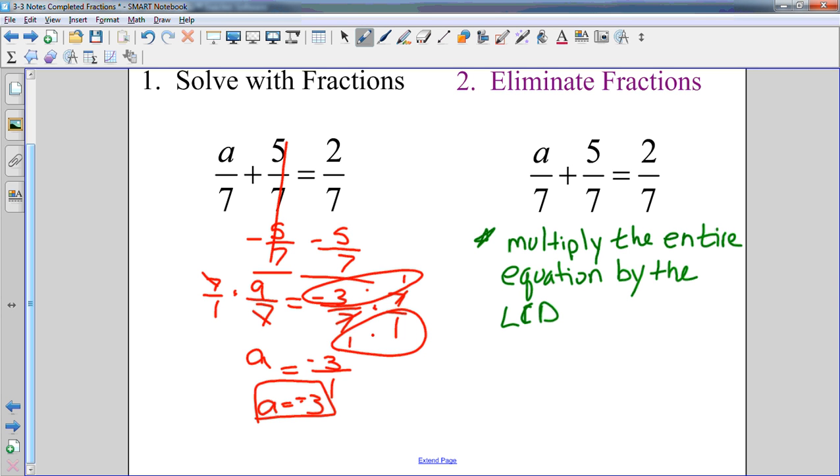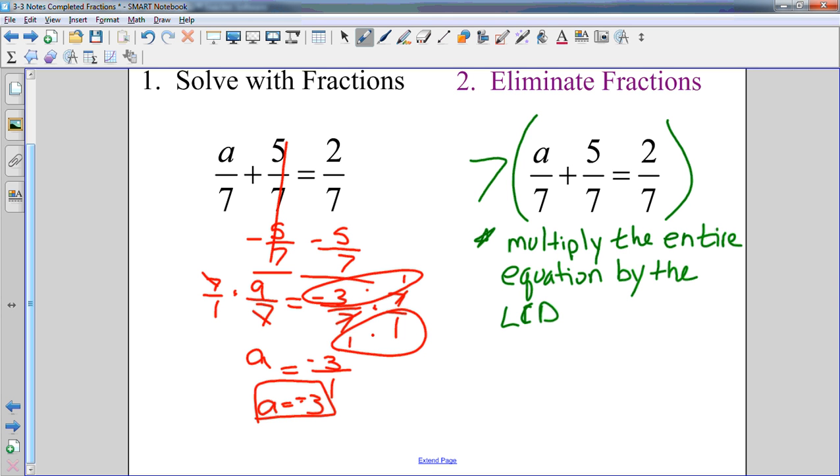What do all three of those numbers go into? The smallest one. 7. Right? 7 times 1 is 7. So if I multiply this entire equation by 7... Won't you do it by 1? You're thinking greatest common factor.